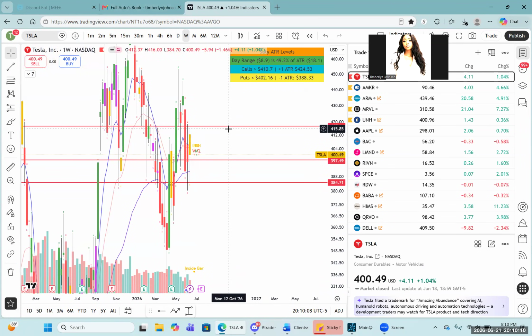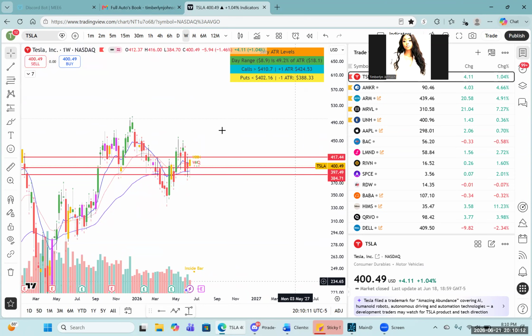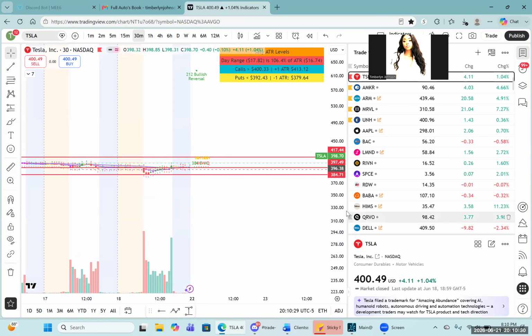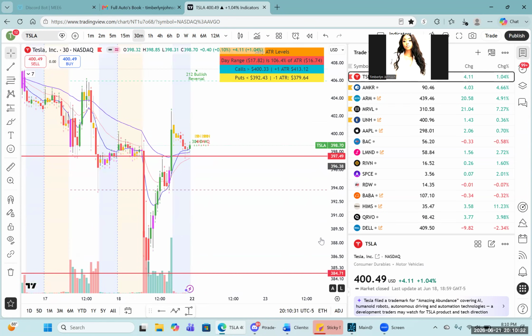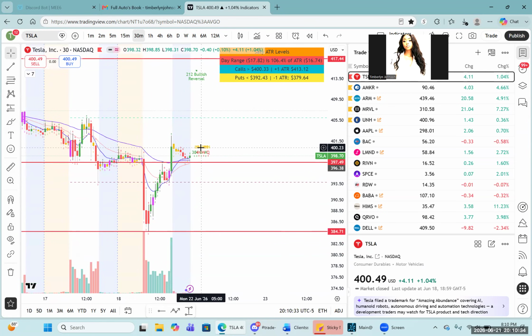If it breaks this level, then we're gonna be in calls at this level and take it to the next take profit area. Now, sometimes levels may change once we get to the pre-market. So let's say Tesla already broke this area, then you'll see me go down to the 30-minute. And if we broke that level, I'll say, hey, let's get into Tesla at the break of pre-market highs.